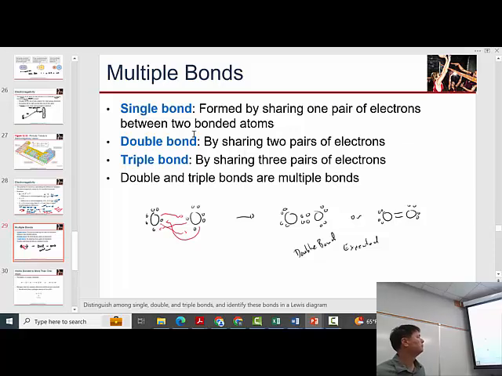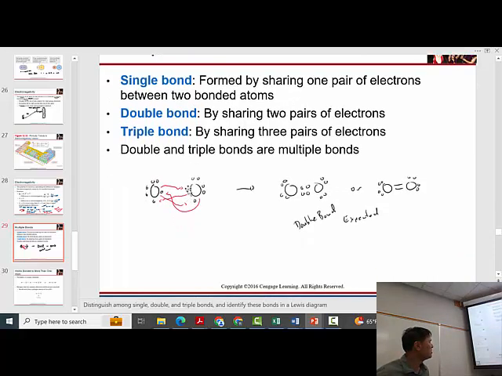Nitrogen wants 3. So they're going to get in a tug of war for 3 electrons, and what's going to result is 3 pairs of electrons shared between them and 1 lone pair.